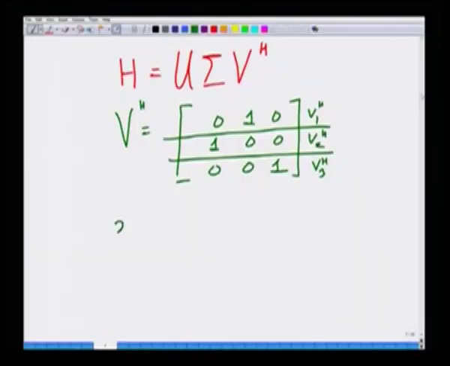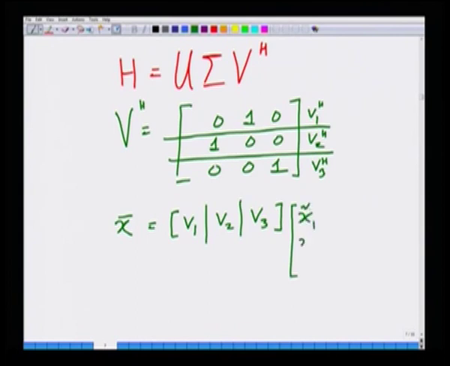Notice that we have to pre-code the transmit symbols with this. Hence, the actual transmit vector x bar is given as the columns V 1, V 2, V 3 times x 1 tilde, x 2 tilde, x 3 tilde. However, x 3 tilde is allocated 0 power.